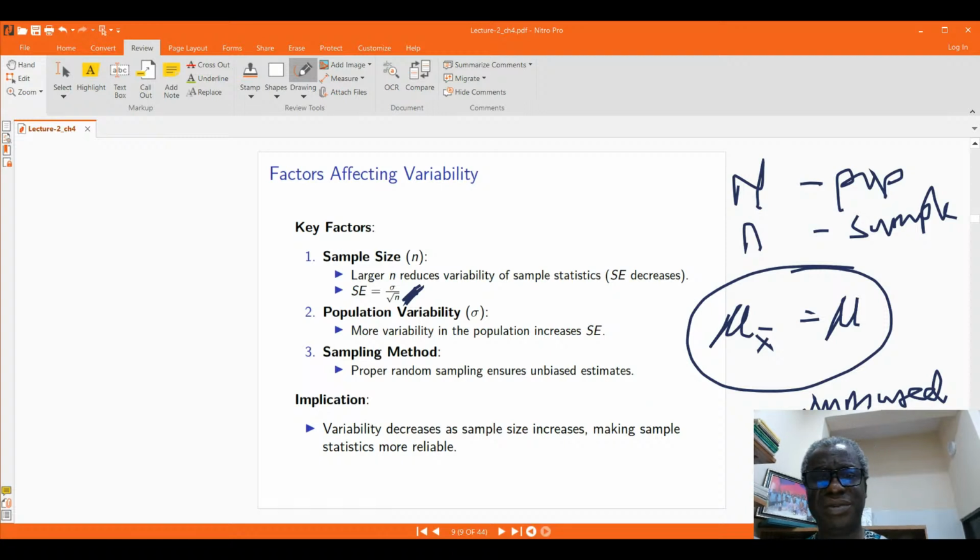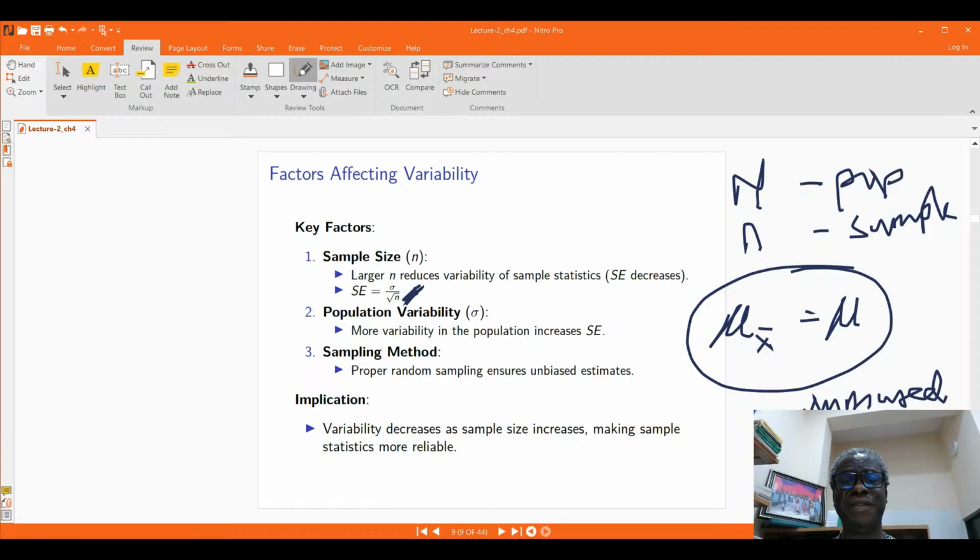So variability decreases as sample size increases, because if you look at the expression for standard error, the standard deviation is fixed, but if you take more and more samples, and the sample size is big, then your standard error will decrease.